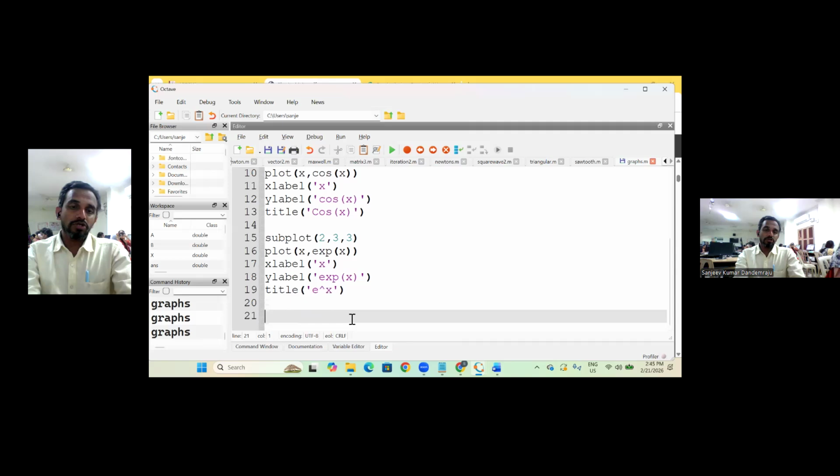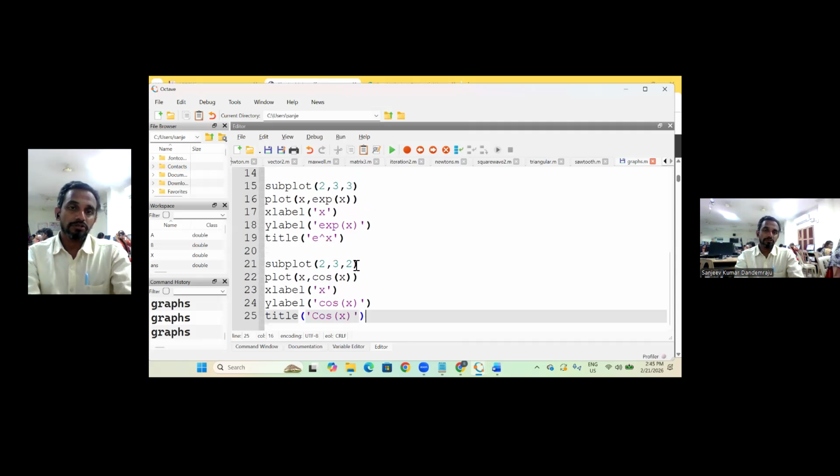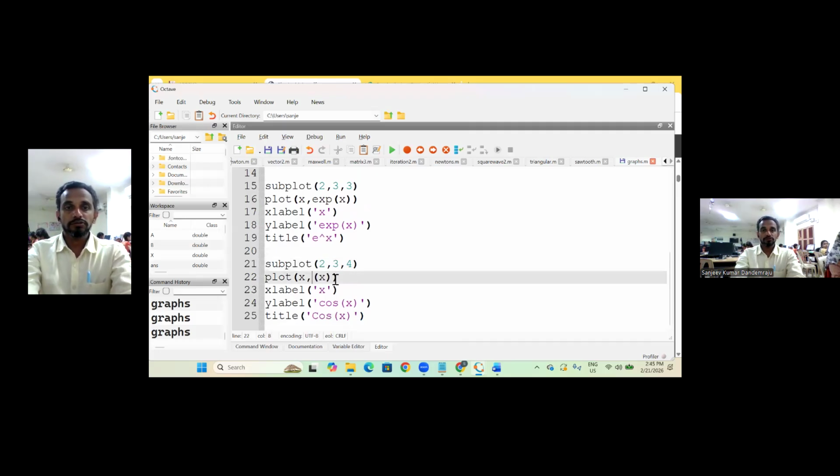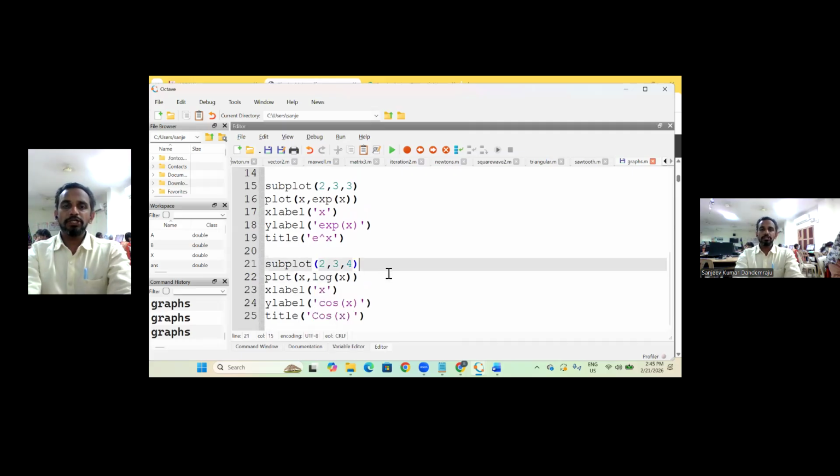Next one is log x, 2, 3, 4. Log base e operator is log. Log base 10 is log10.